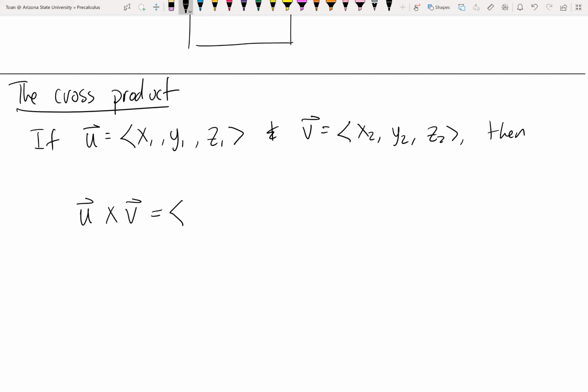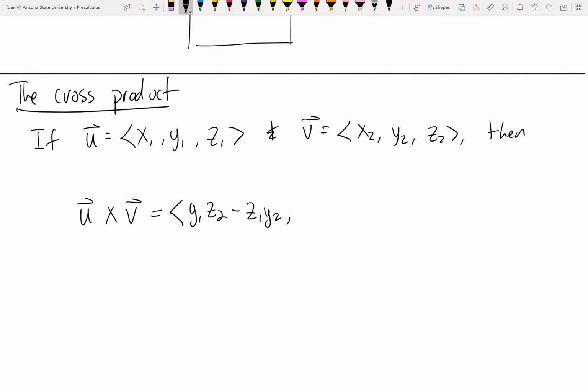And I'm going to be honest with you, this is something I've never memorized, so I actually have it written down next to me so I can write it down for you. So the horizontal component is y sub 1, z sub 2, minus z sub 1, y sub 2. In other words, the y of the first times the z of the second minus the z of the first times the y of the second, comma.